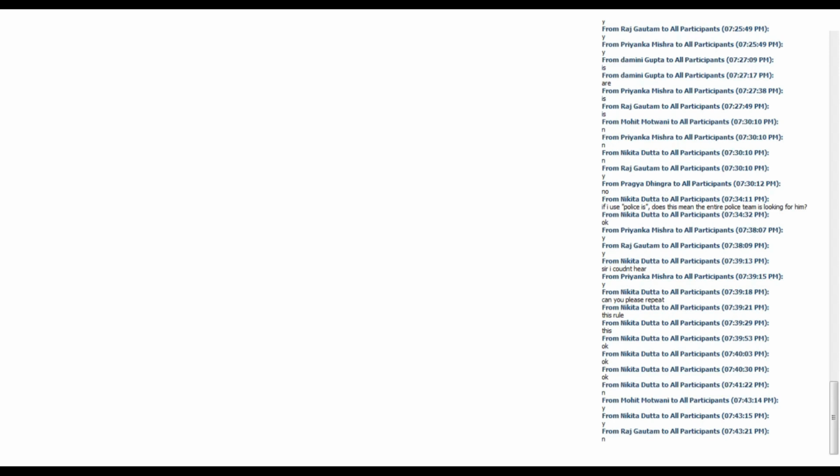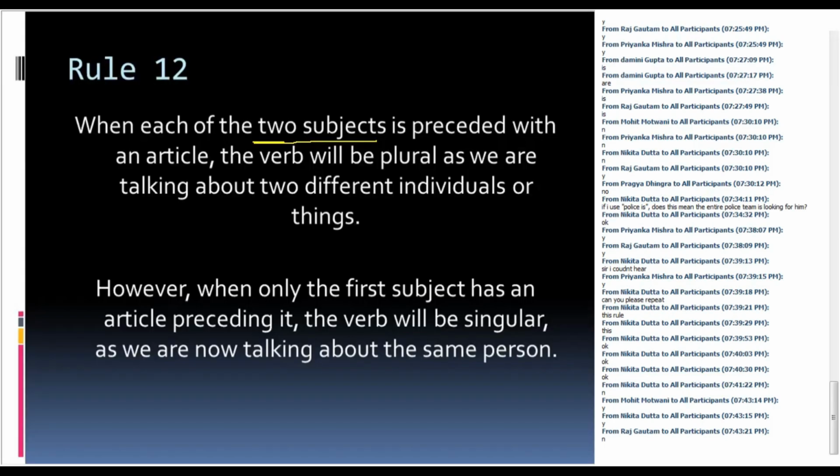Number 12. Rule number 12 says that if there are 2 subjects and before each of these 2 subjects there is an article, then the verb will be plural, because it signifies that you are talking about 2 different individuals or things.